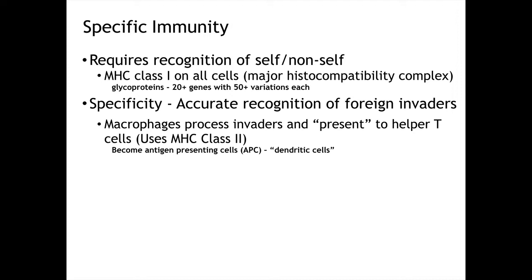So how this all gets started off is with a T helper cell. A macrophage is going to gobble up whatever, because it's a phagocyte, and it's going to partially digest that antigen that it's gobbled up.